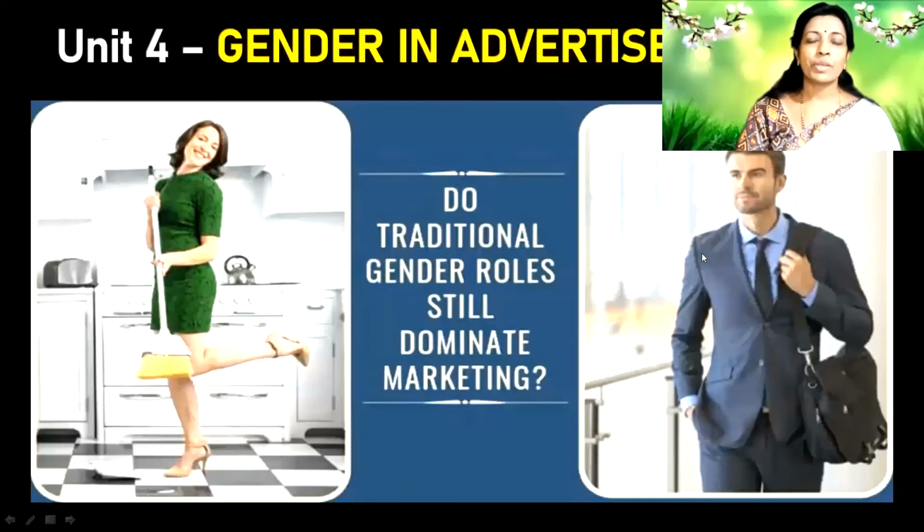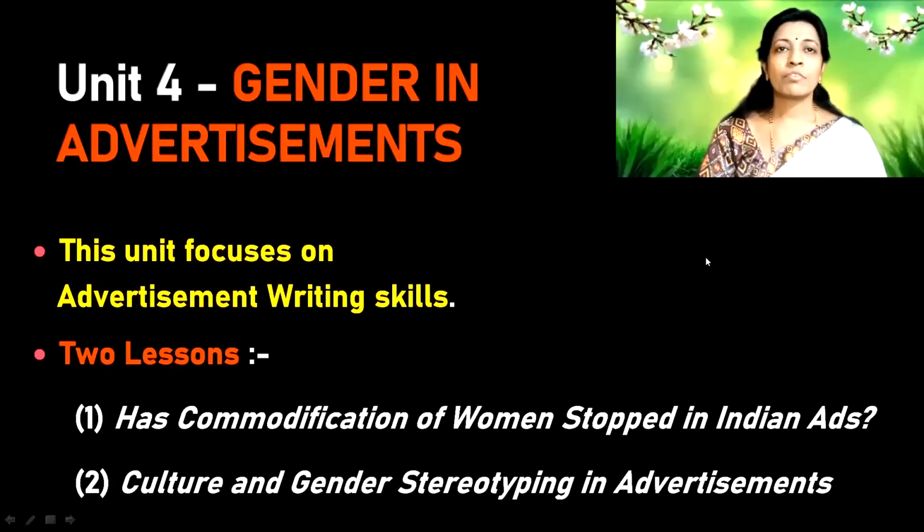The fourth unit is titled Gender in Advertisements. In this unit, we will try to see how women are being depicted in advertisements and how this affects society. The fourth unit basically focuses on advertisement writing skills.